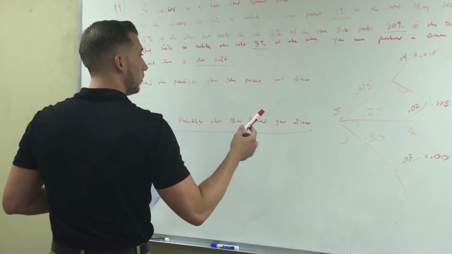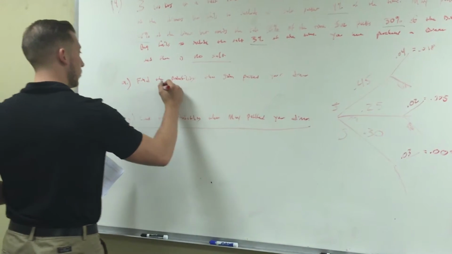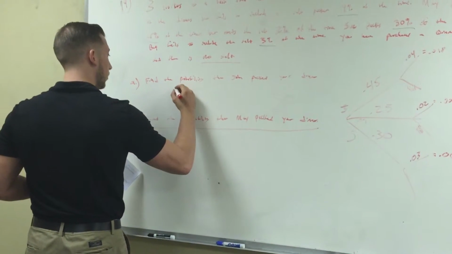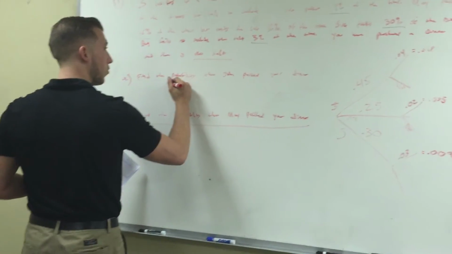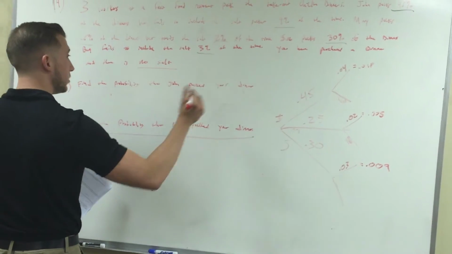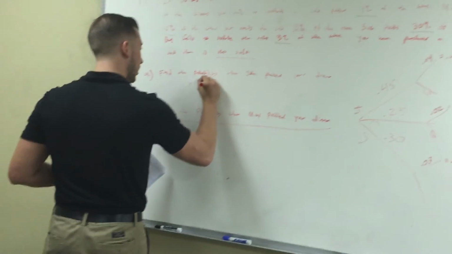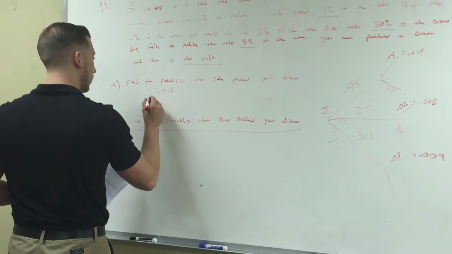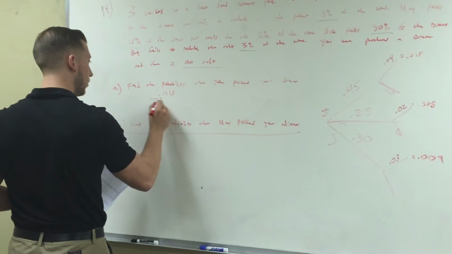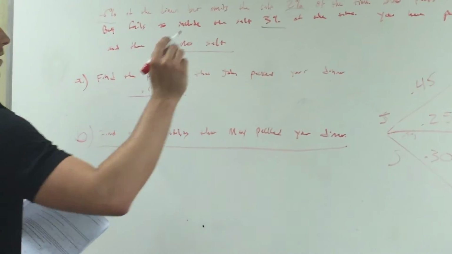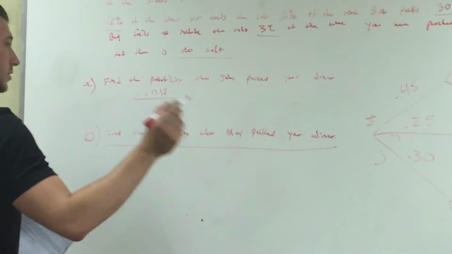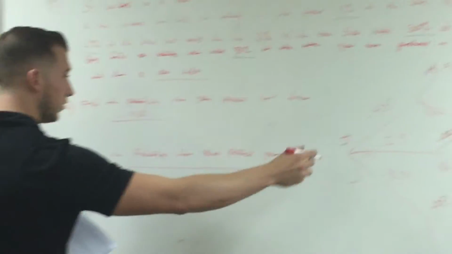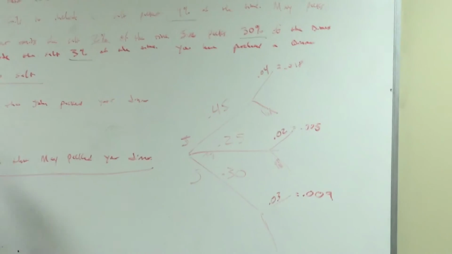So we take 0.45 and 0.04, which gives us 0.018. We divide that number by the sum of all 3 percentages that we have from the diagram of John, Mary, and Sue.